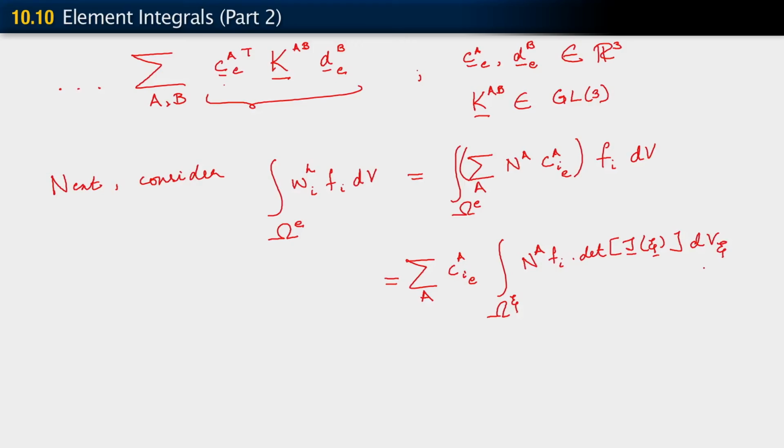And of course now we know that d omega xi is d xi 1, d xi 2, d xi 3. The integral over omega xi is just a triple integral from minus 1 to 1 over the 3 coordinate dimensions, in the bi-unit domain.